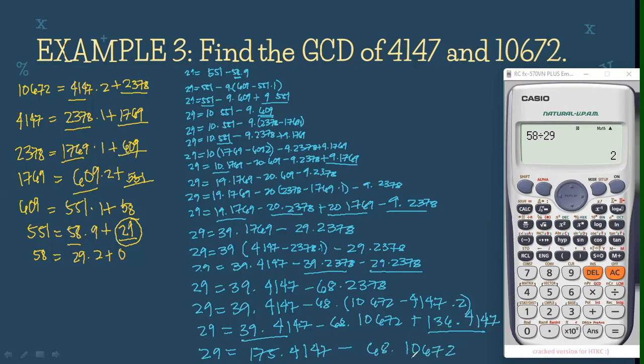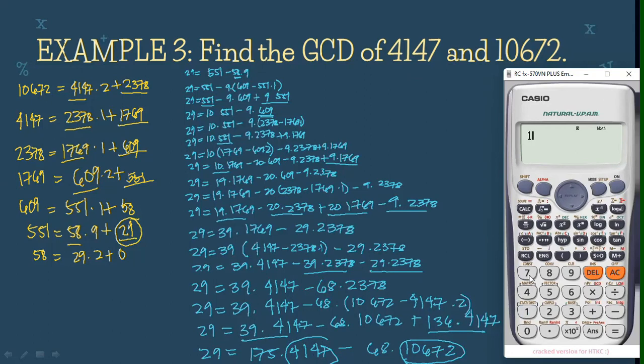Ngayon po, since ito pong 10,672 and 4,147 are the numbers that we have in our problem, meaning to say, ito na po yung linear combination na hinahanap natin. Now, let's check po if these two, when multiplied and be subtracted to this, will result to 29.